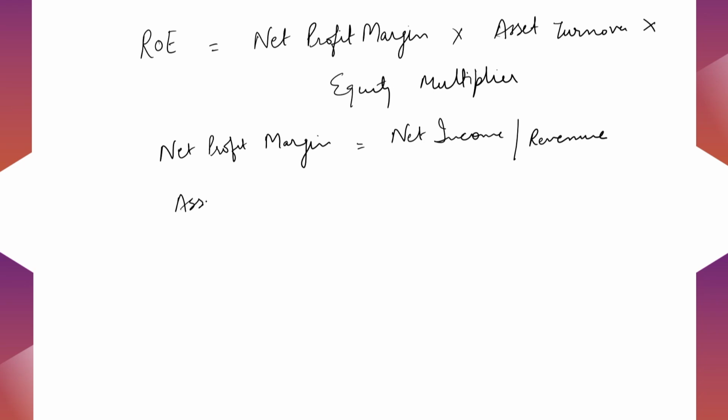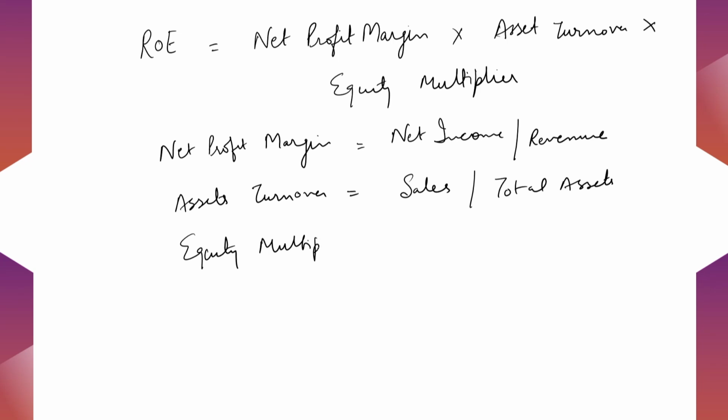Then we have the asset turnover, which is equal to the sales or revenue divided by total assets, or the average assets if provided in the question. Then the equity multiplier, which in this question can be average assets upon average equity, as we are given average assets.